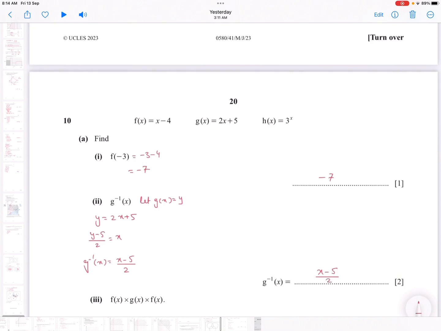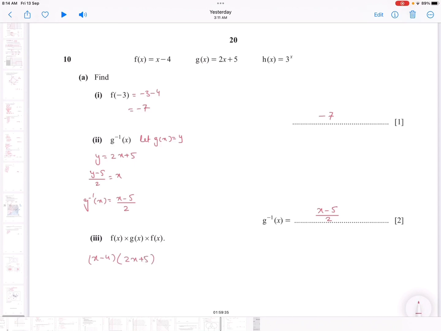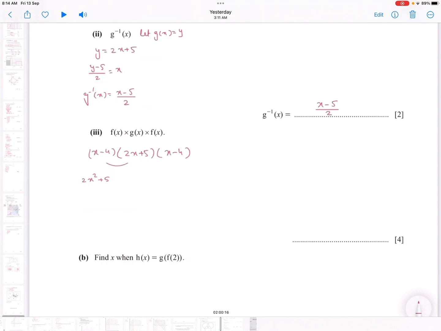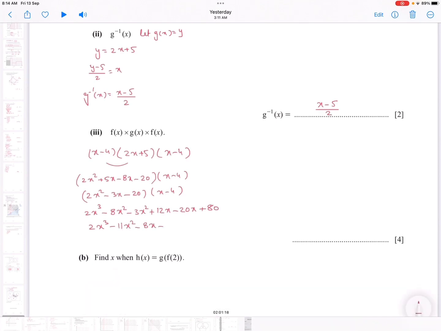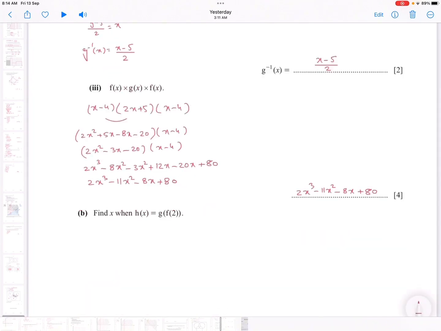F of x into g of x into f of x. So multiply all of them. So this is your answer.